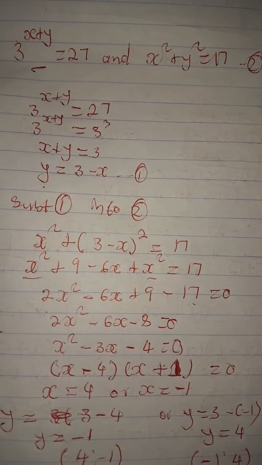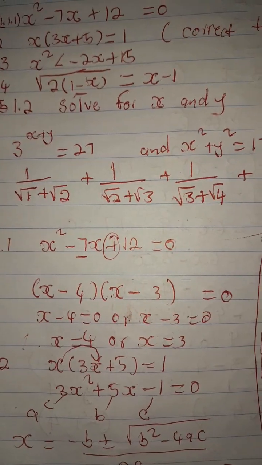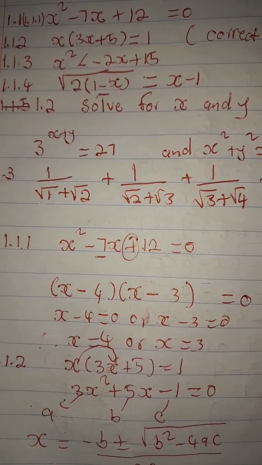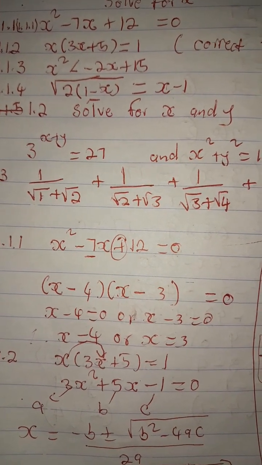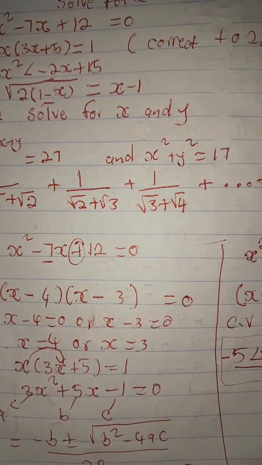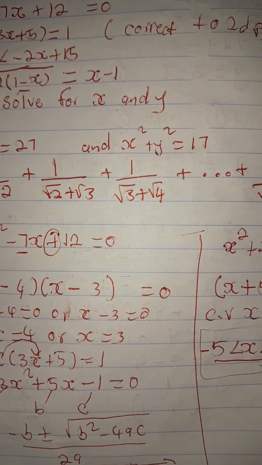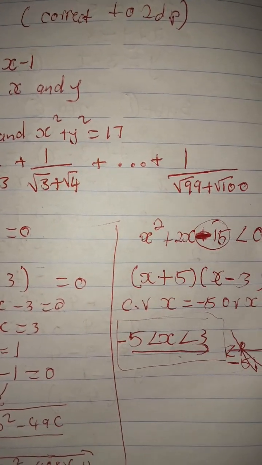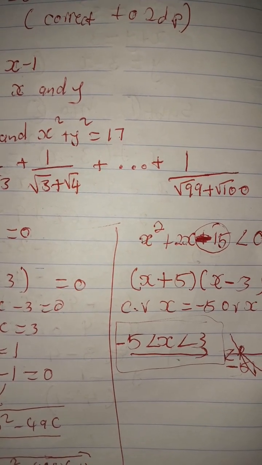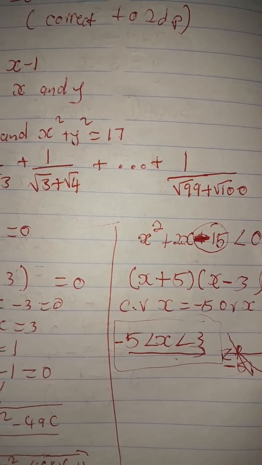So let's go to our last question. Our last question, guys, is 1 all over √1 plus √2, plus 1 over √2 plus √3, plus 1 over √3 plus √4, up to 1 over √99 plus √100. This is a series.